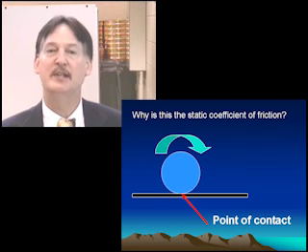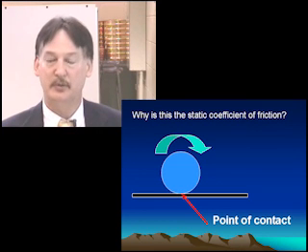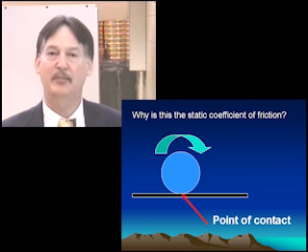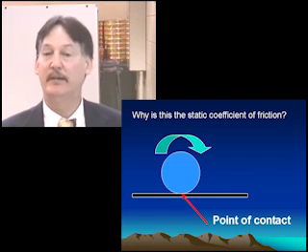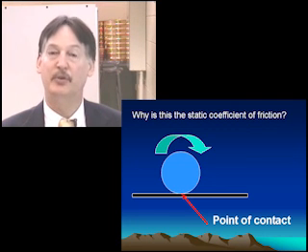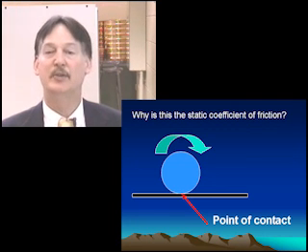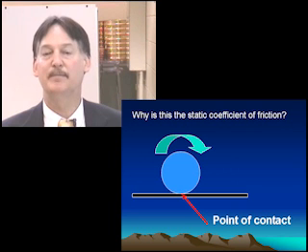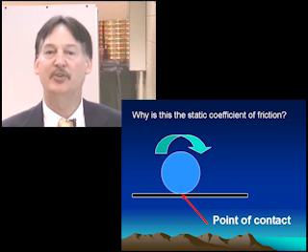In other words, there's no sliding when you're rolling. And so that means that the point of contact and the road are at rest relative to one another as the tire rolls over the surface. And so you have a higher coefficient of friction than if the tire were sliding and not rolling.